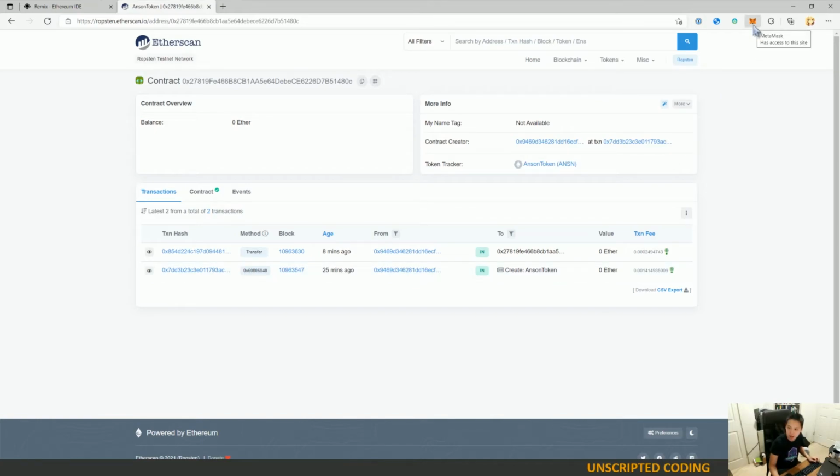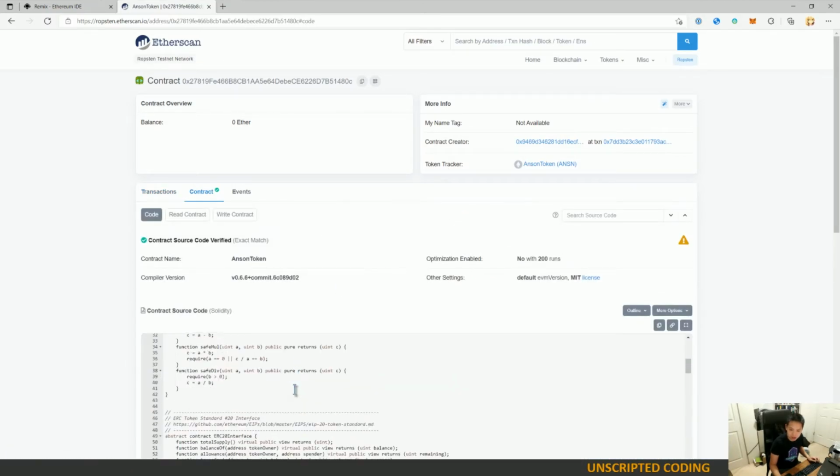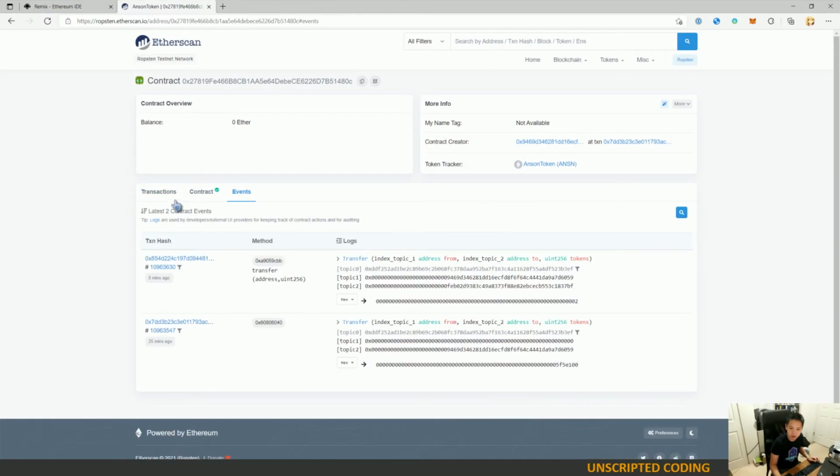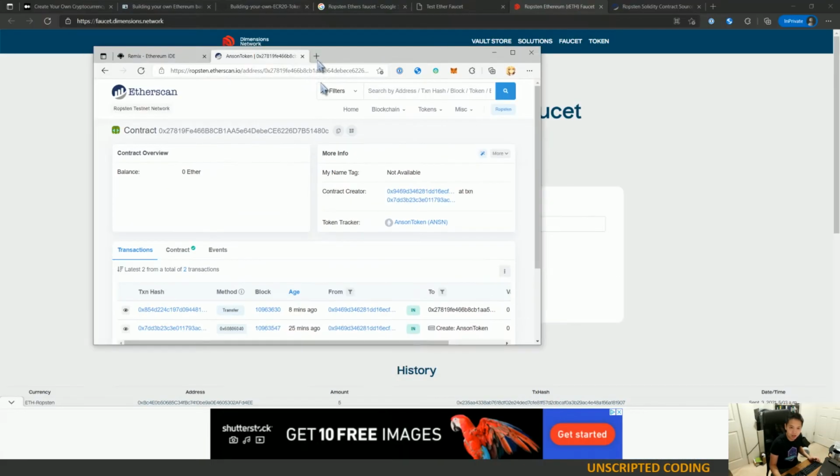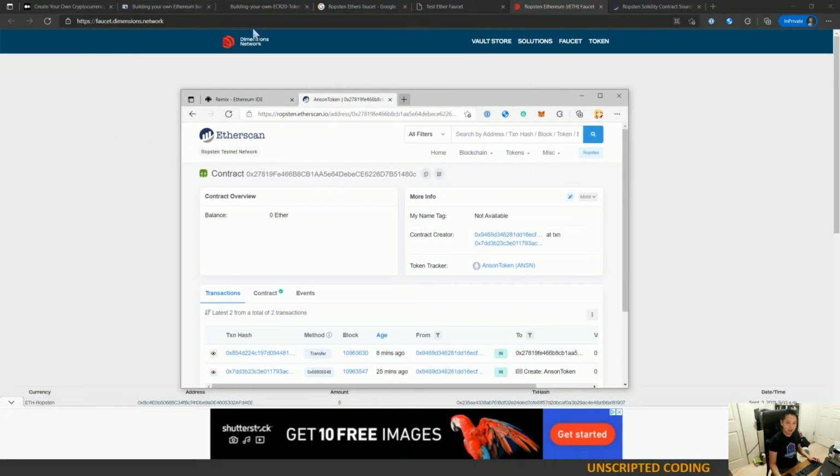The second transaction is passing those 2 coins away. And what's really cool is, you can see how the contract's written. You can see the transactions, the events, all of that. You can see the token. It's actually very simple. I don't think I took very much time at all.